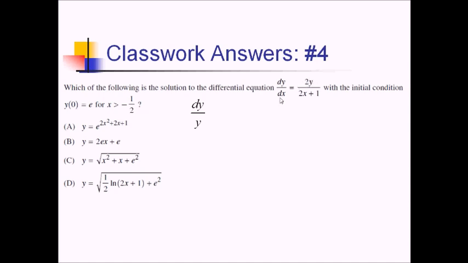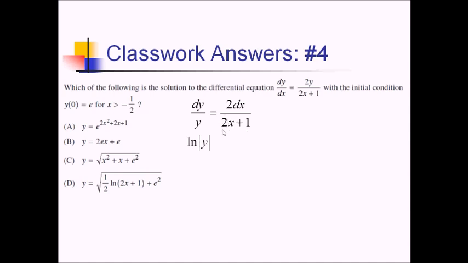In general, I like to move as little as possible over on the y side. So now that means dx is coming up here with a 2. So 2 dx over 2x plus 1. And now taking the antiderivative on each side. The left side's pretty easy. That's just ln of absolute value of y. On the right side, we have ln absolute value of 2x plus 1, but we have a tail of 2 in there, an inner derivative of 2.